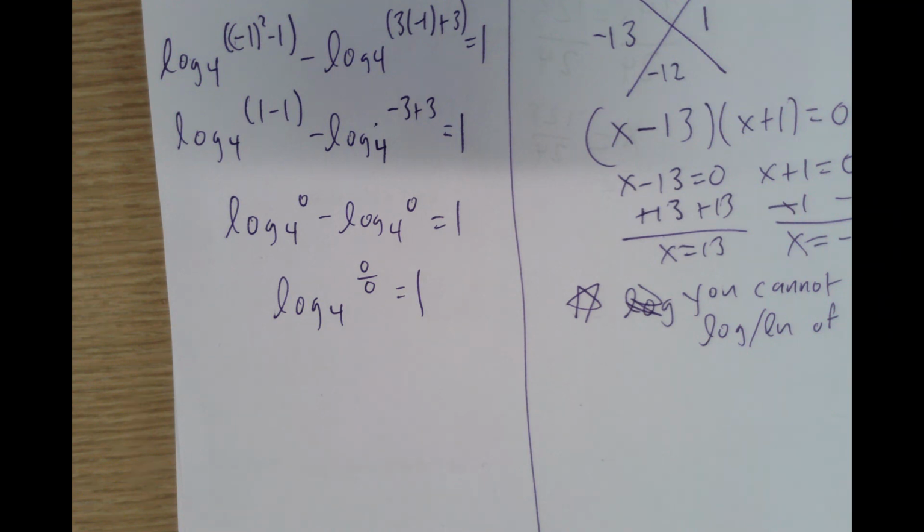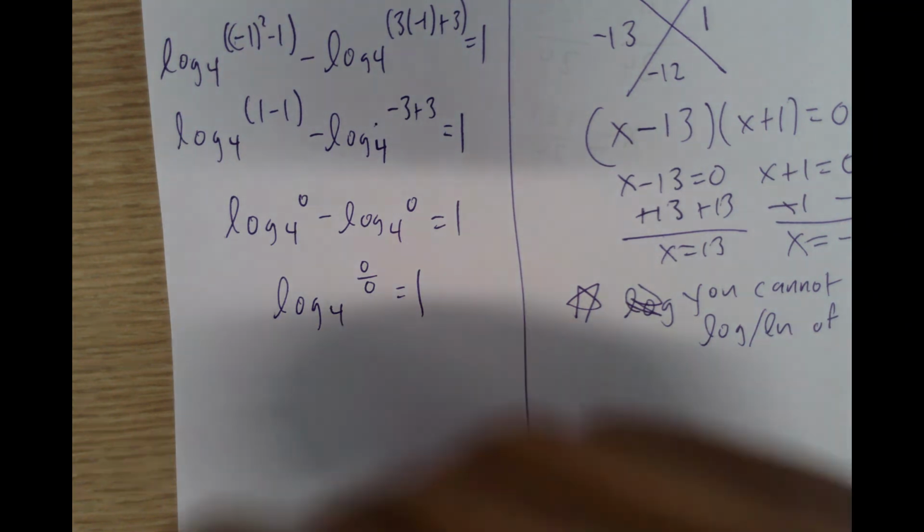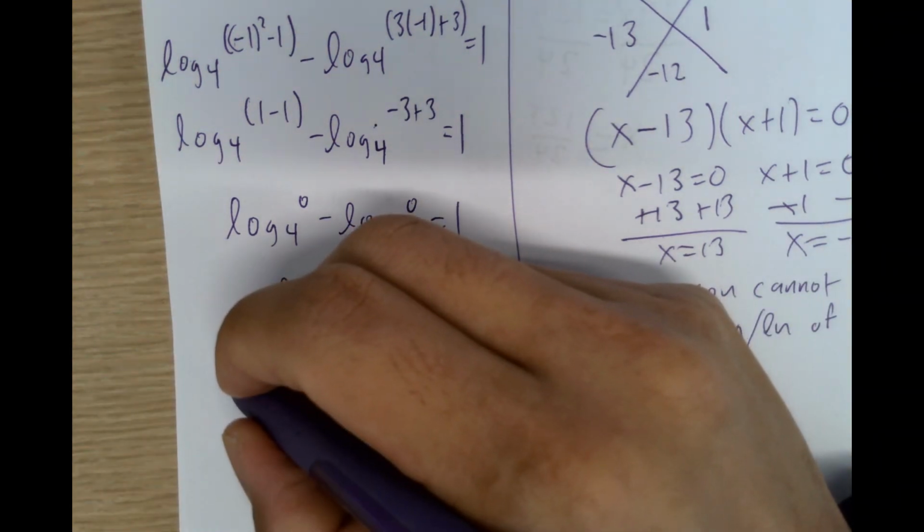In this case, there is no number that we can raise 4 to get 0. So in this case, it does not check out since we cannot take the log of 0.